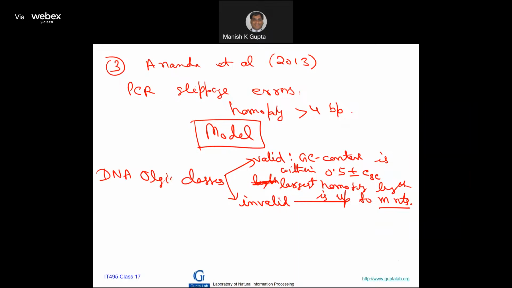And the largest homopolymer length is up to M nucleotides, right? If these two things are satisfied, then we call it a valid DNA oligo. So you want these things in the DNA strand. Otherwise, it is invalid. So these two classifications we can do. Valid or invalid oligos.